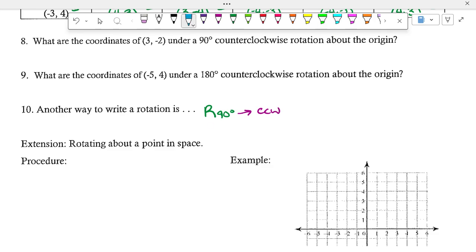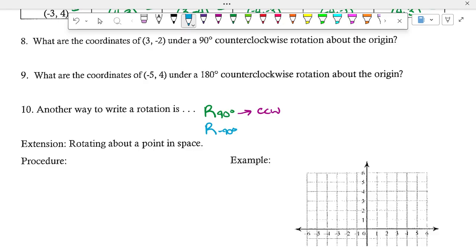But if you see a big R with a negative 90, you know how we've always said that you can't have a negative angle? Yeah, we lied. There are instances where you can have negative angles, but it's more so as a concept in terms of direction. The negative is not actually negative space, it's telling you the direction.